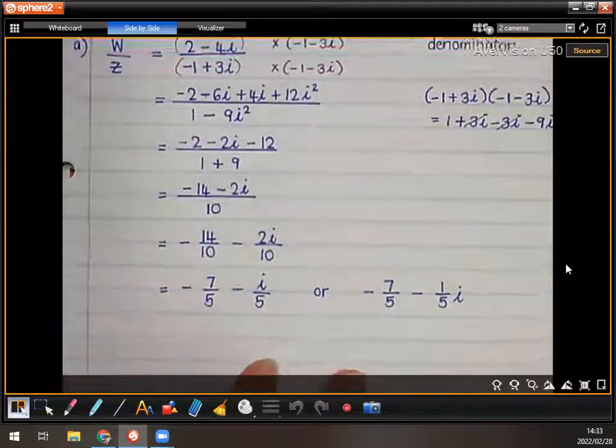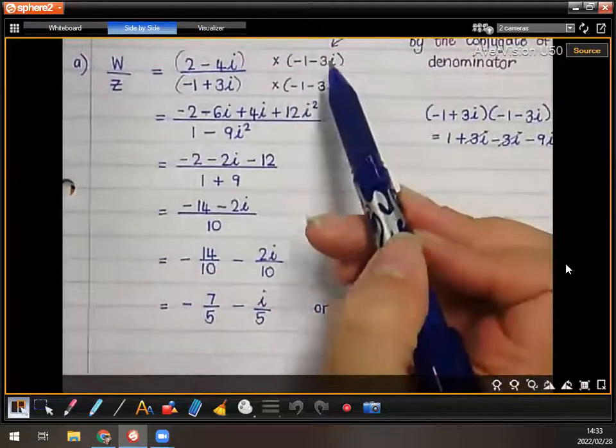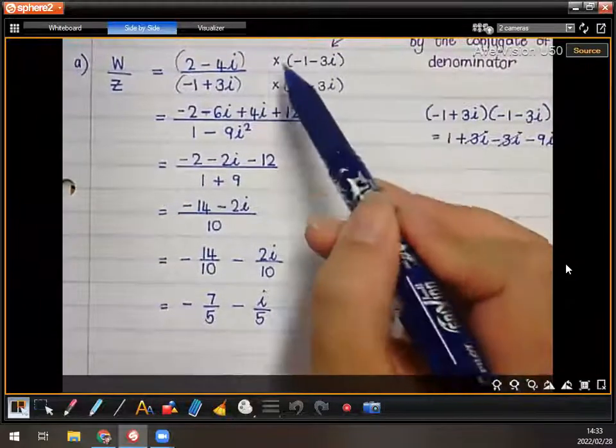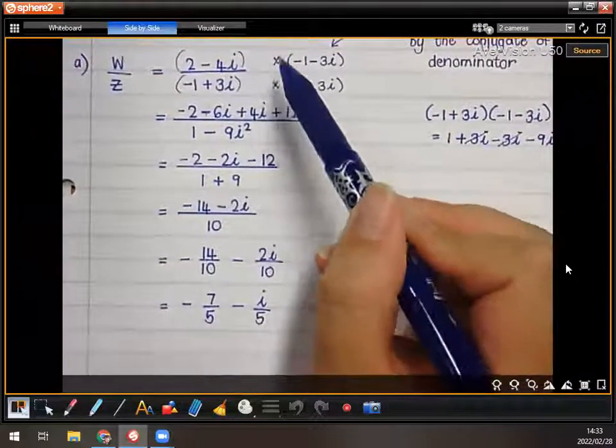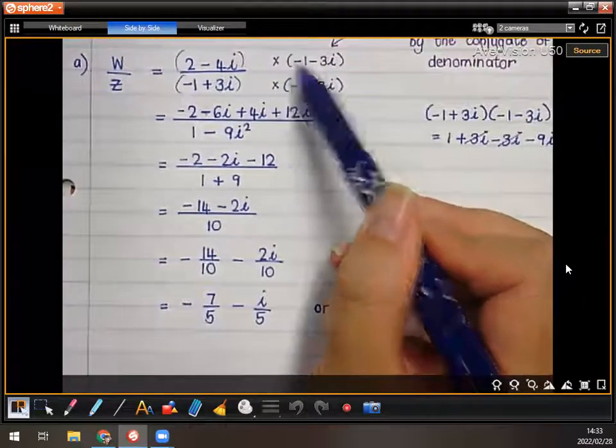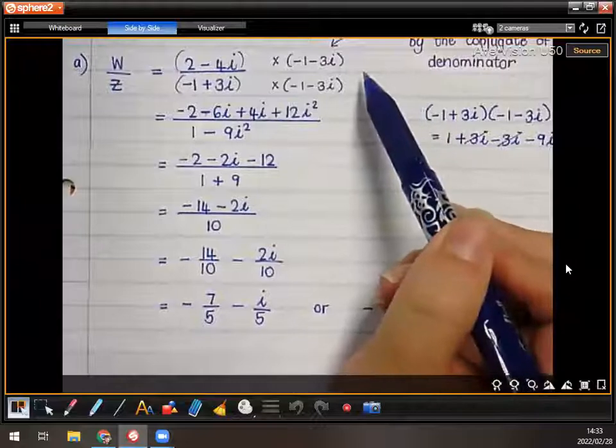And I just want to come back to this trick: firstly, why I'm allowed to do it, and secondly, why I'm actually doing it. If you are multiplying a fraction by the same thing at the top and the bottom, what is this bracket divided by itself? 1.